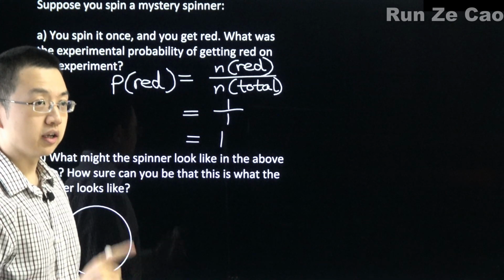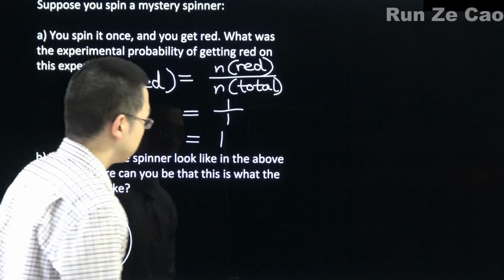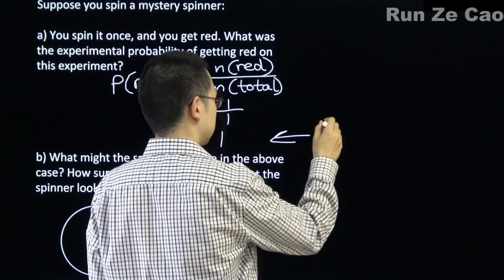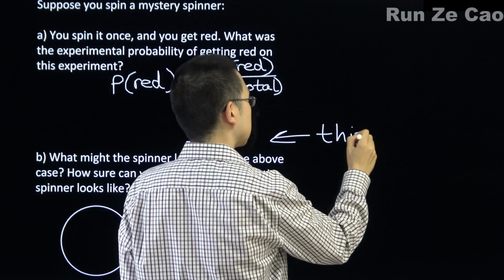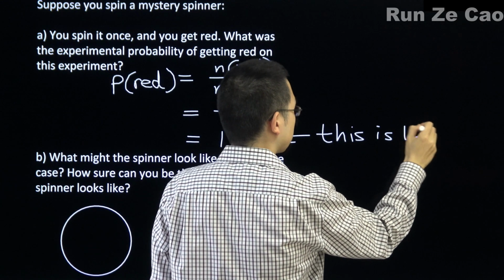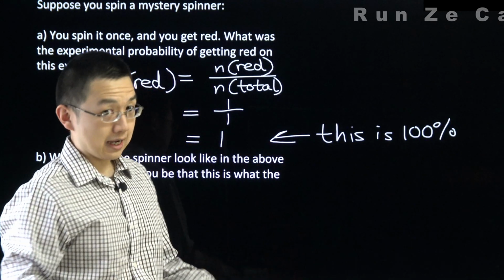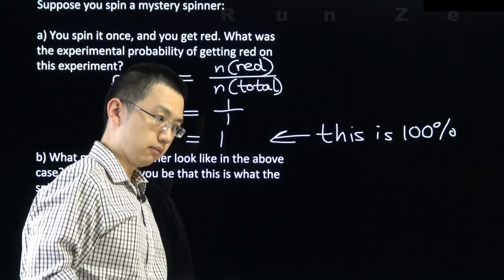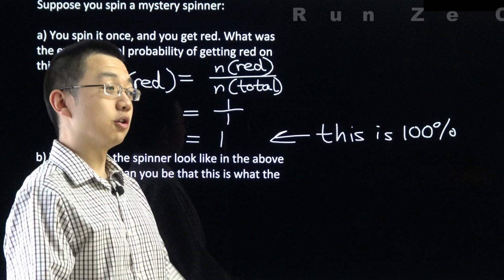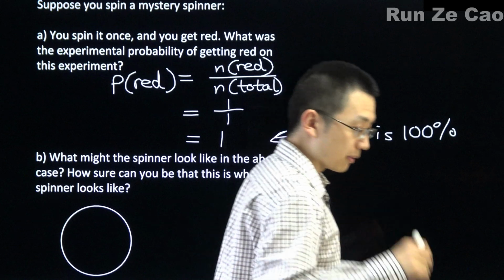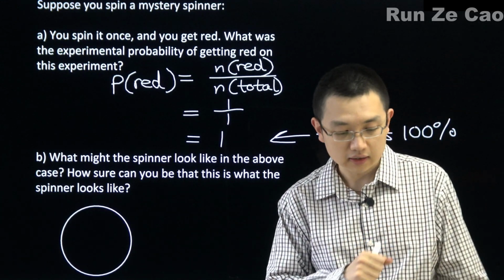What's another way of writing 1 in probability? This is 100%. What's 0.9? 90%. What's 0? Well, 0%. 0 is impossibility and 1 is certainty.